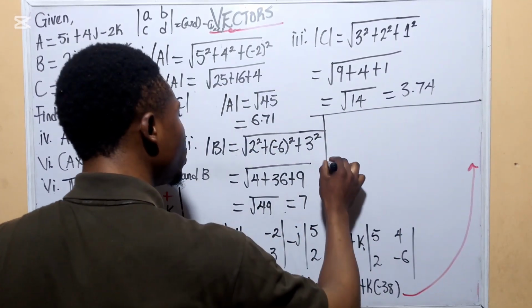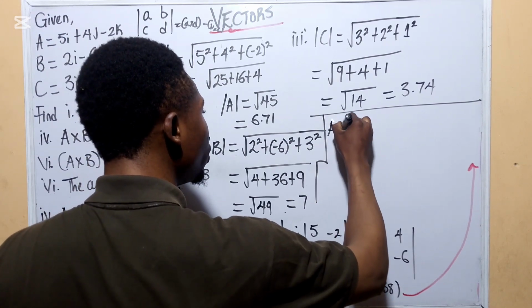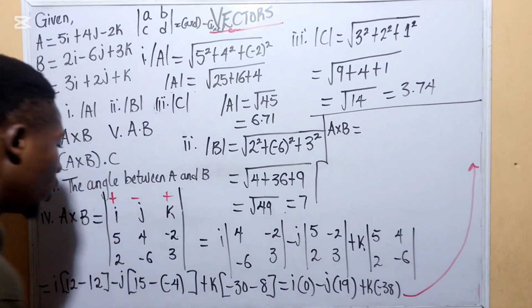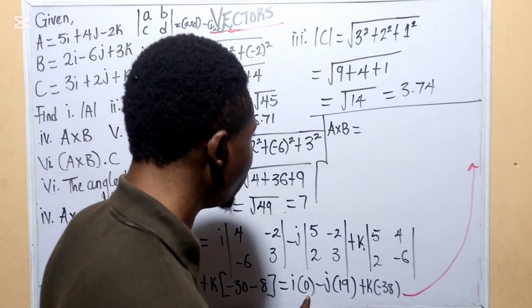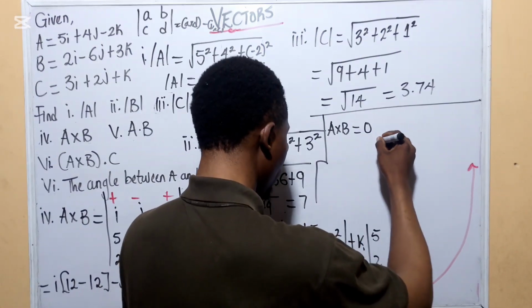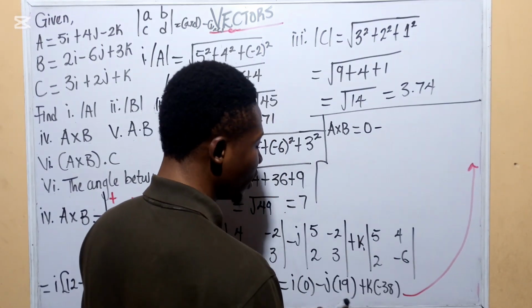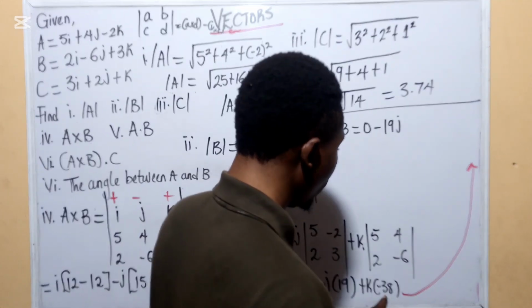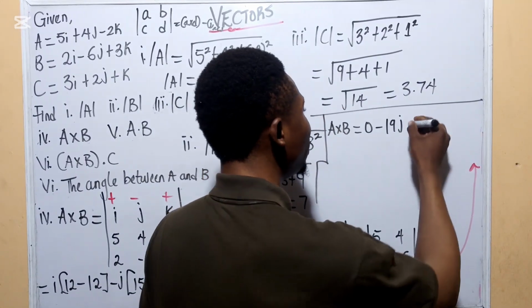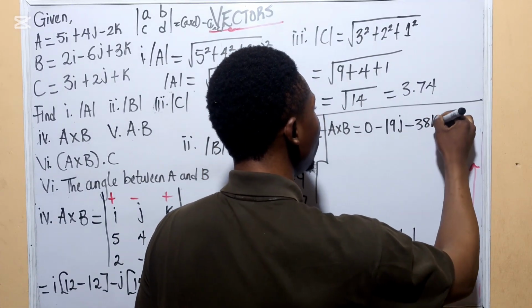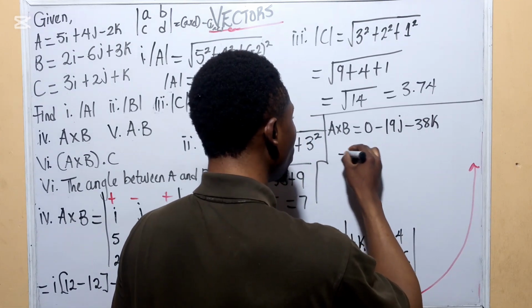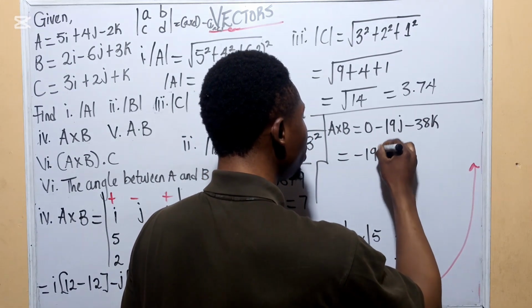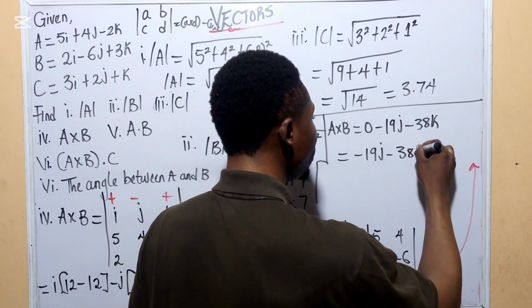So this becomes that A cross B is going to be equal to, so this is I times 0, of course, gives us 0, minus j times 19 gives us minus 19j. K multiplied by minus 38, that gives us minus 38k. 0 minus this, that gives us what? Minus 19j minus 38k.